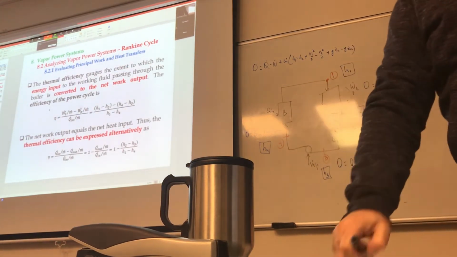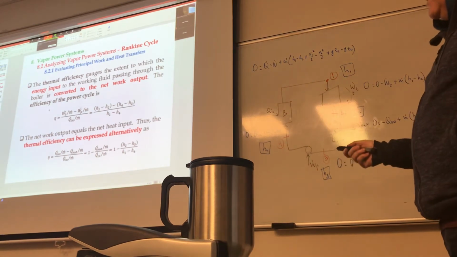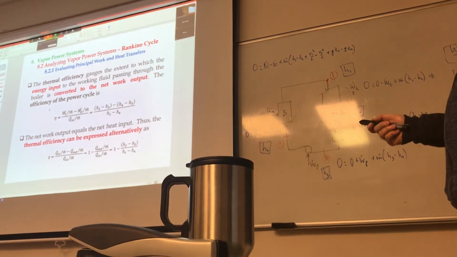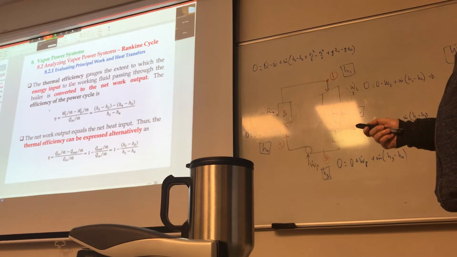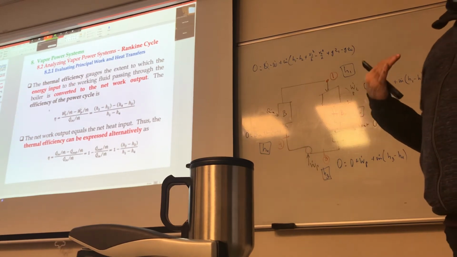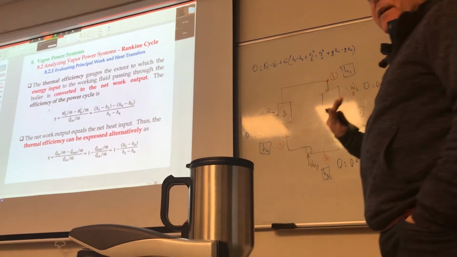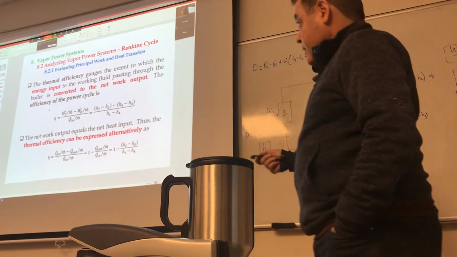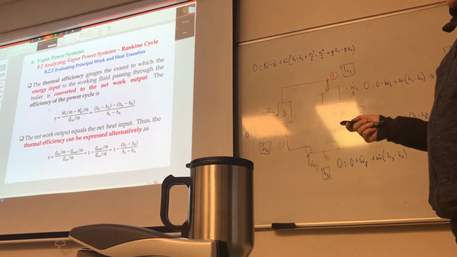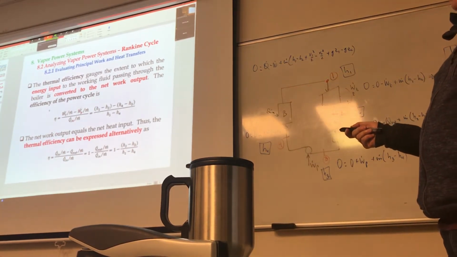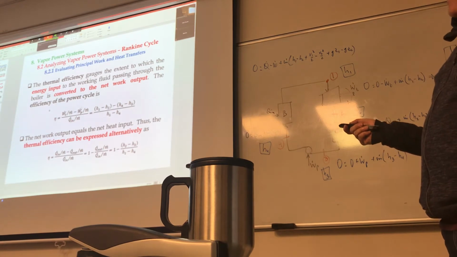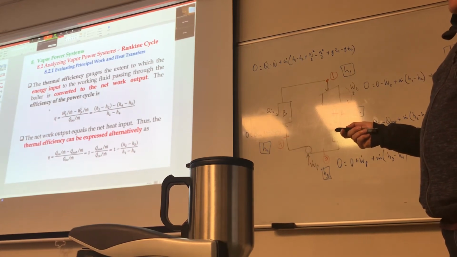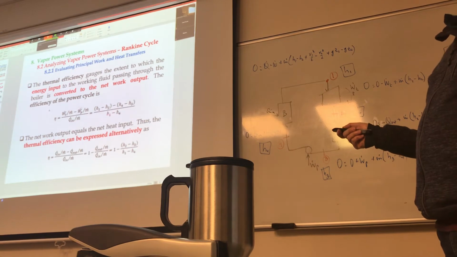And then after we get those values, number one, the thermal efficiency is equal to, remember, the net output divided by the input. What is the net output? It is the work done on the turbine minus the work of the pump, divided by Qn. So again, efficiency is just a function of all those H's.